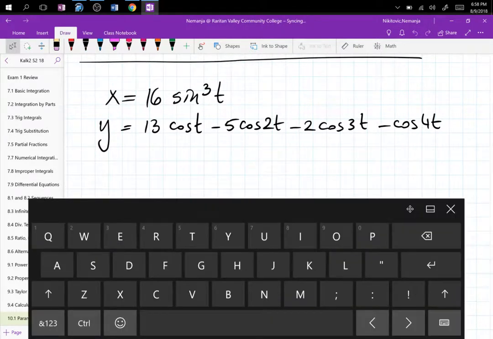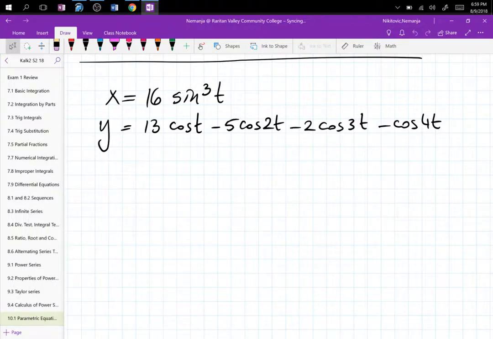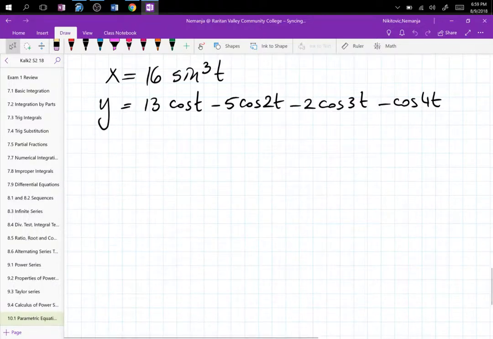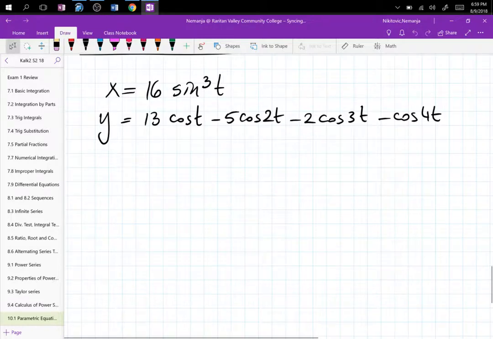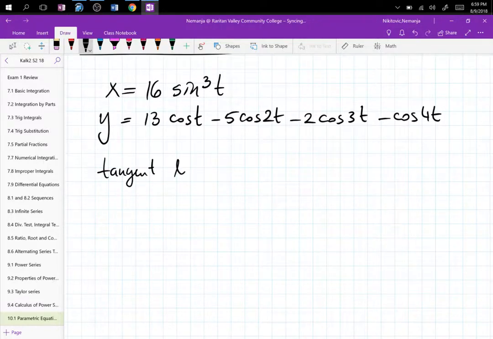Let's get the tangent line at, let's say, t equals pi over 4. Or actually 0. Let's go t equals 0. That's the easiest. Whatever.